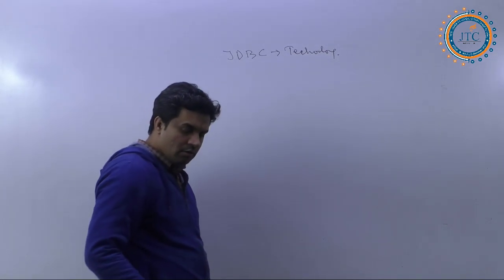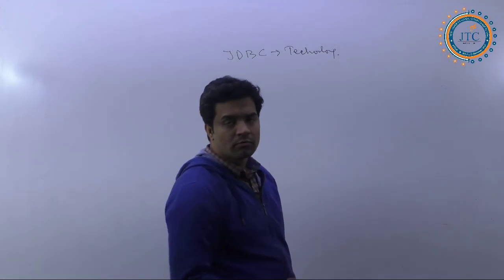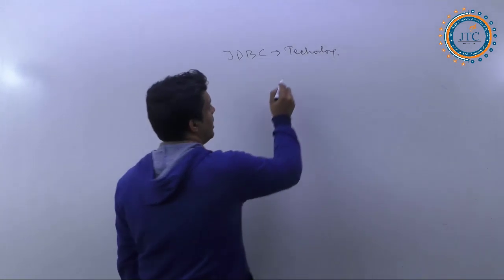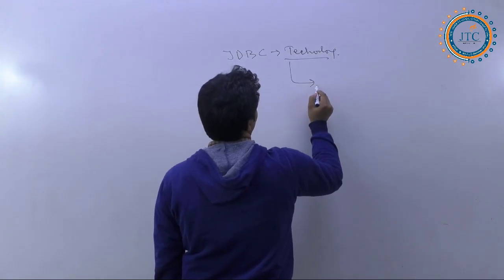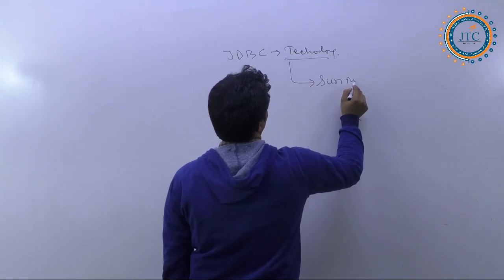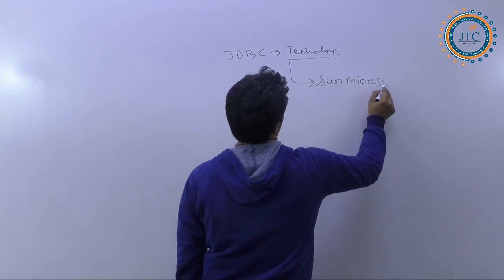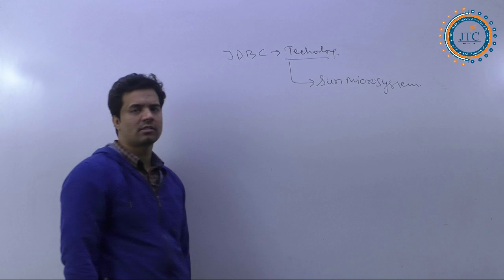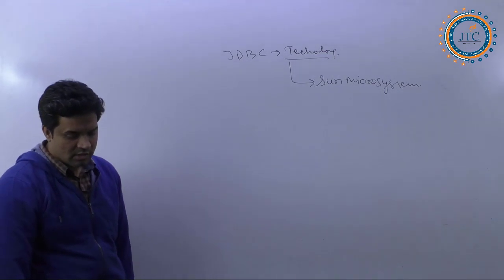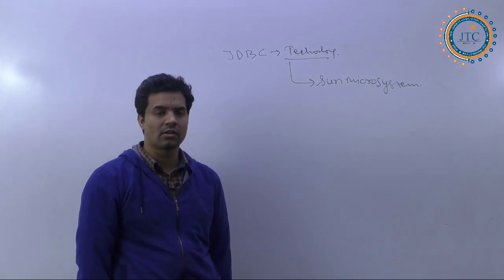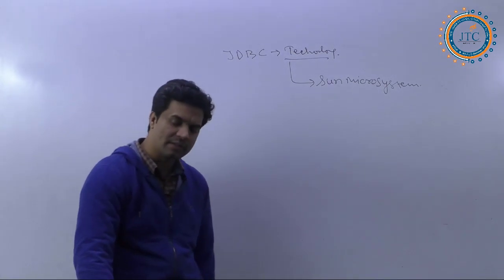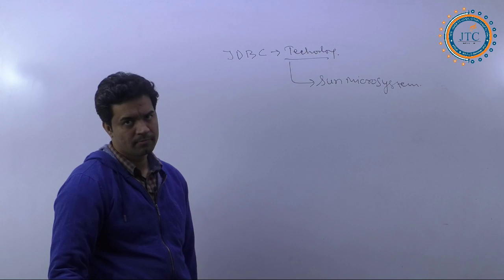And it's been given by whom? कौन दिया इसको? इसको दिया है कौन? Sun Microsystem has given this technology. Hope you are clear with this. Sun Microsystem has given this particular technology.